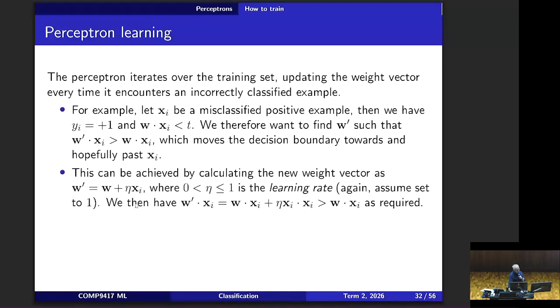How do we do that? Well, we can do it like this. We can add xi to the weight vector. We can also modulate that addition by the learning rate, this rate parameter eta. Now, typically, eta can be anything. Well, often it's not that large.